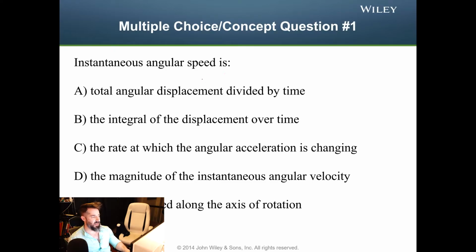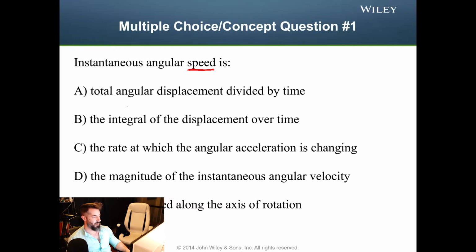Okay, instantaneous angular speed. So again, I was telling you about this. Remember what this says. This says speed. It doesn't say velocity. It doesn't say acceleration. Instantaneous angular speed. So again, instantaneous meaning taking the derivative with respect to time of something, whatever it is. In this case, it's speed.